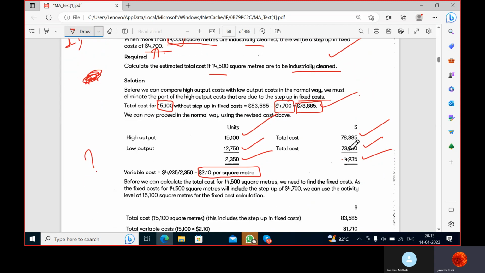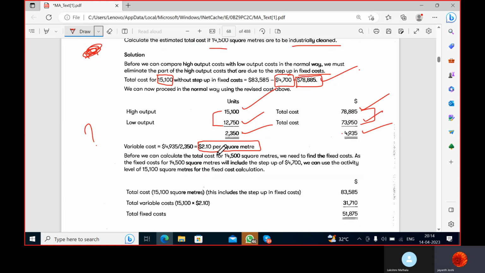And then we will take the difference in the units of high activity and low activity, and also the difference in the cost of high activity and low activity. Then divide this cost difference by the difference in units, we'll get the variable cost.